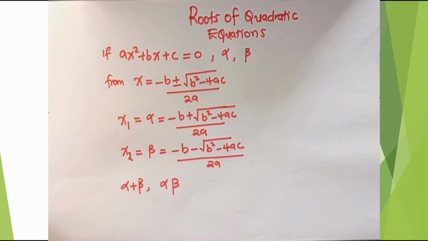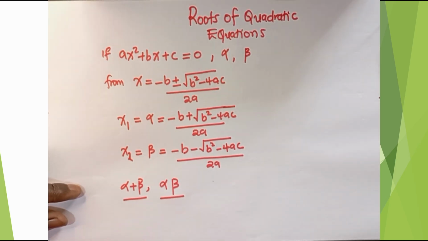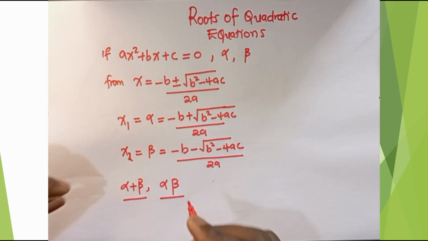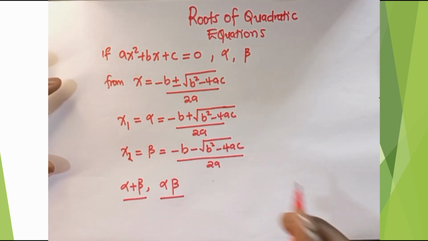These things we don't need to cram. It is a derived thing. We can get where they came from. Let us continue and see how we get them.